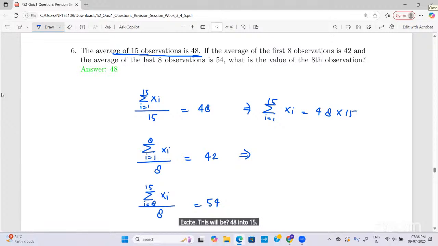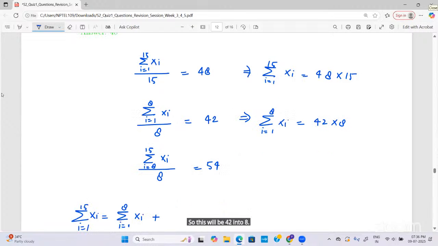The summation from 1 to 8 is 42 into 8. And the summation from 8 to 15 is 54 into 8.